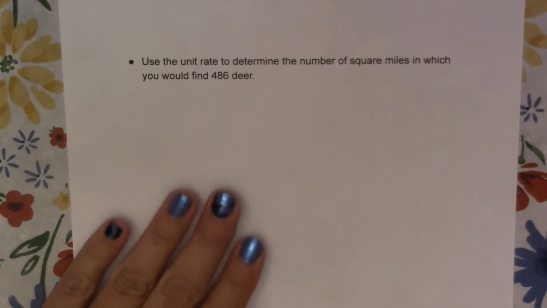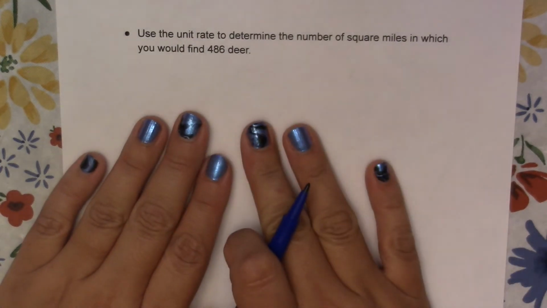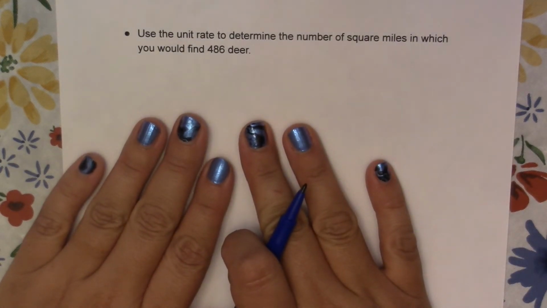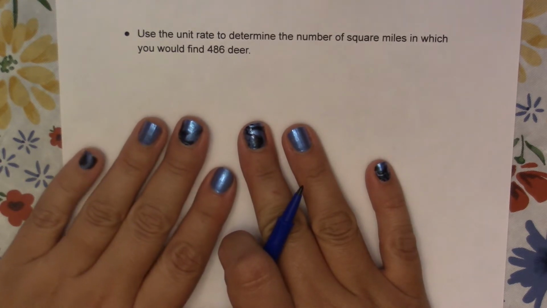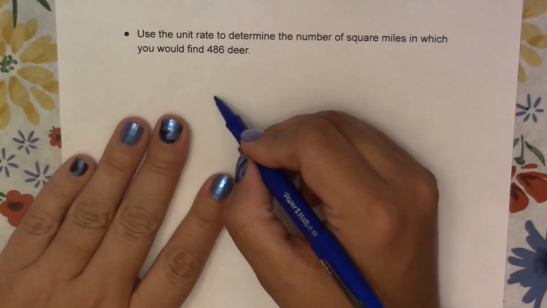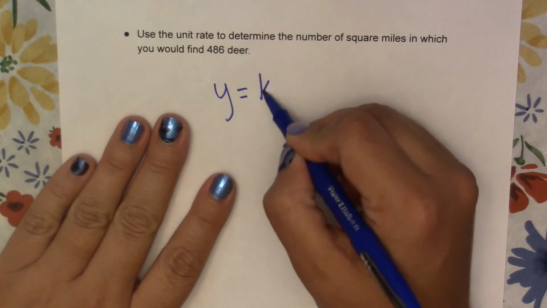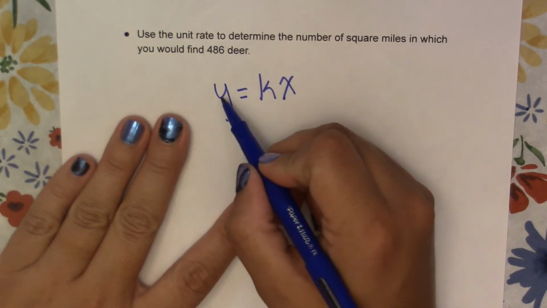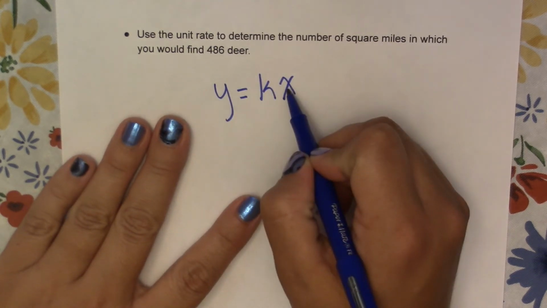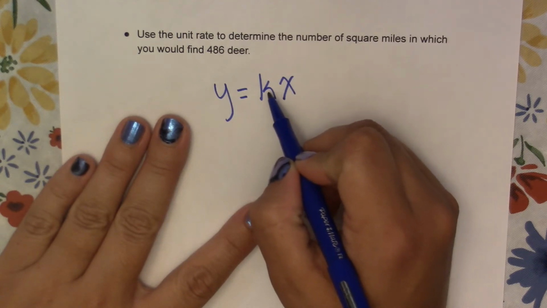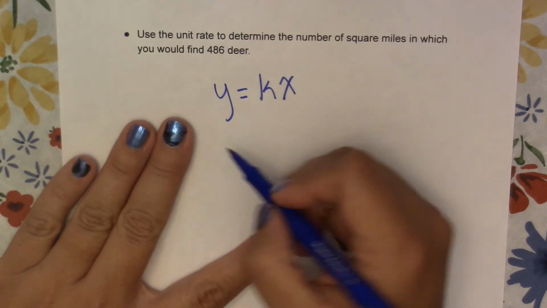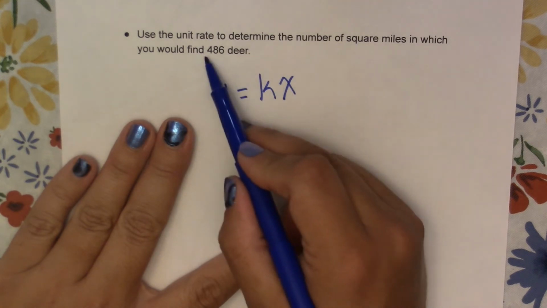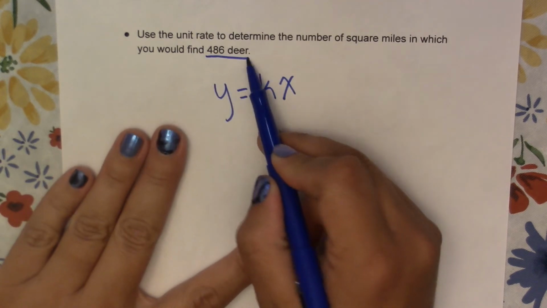All right, so this one's kind of going the opposite direction. Find the unit rate to determine the number of square miles in which you would find 486 deer. So again, we're going to use that same formula, y equals k times x. Remember, this is our deer and our square mile, and we know that our k value is 9. So we know 486 deer.